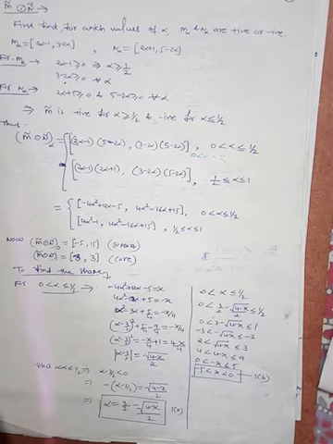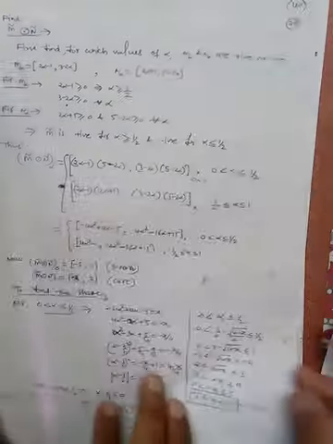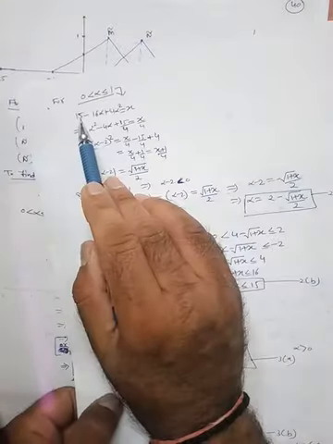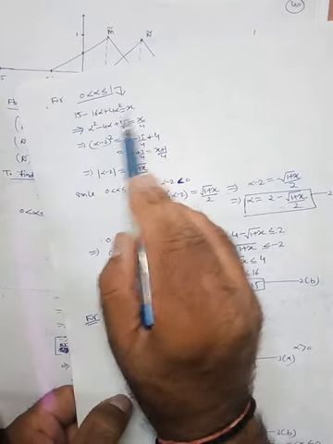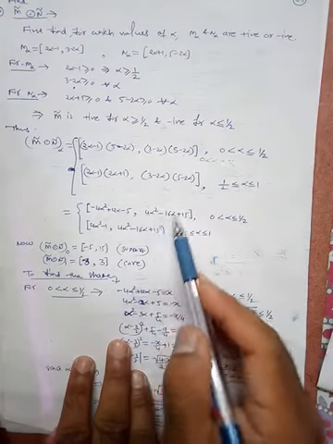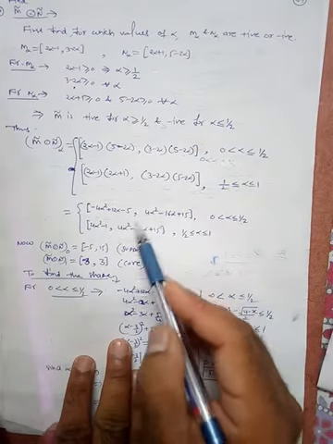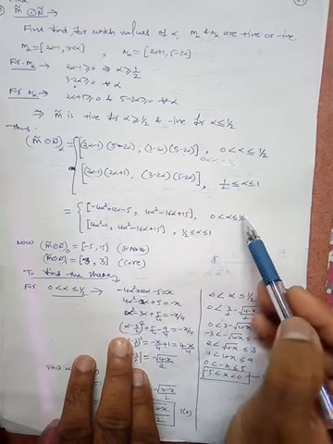Okay. Now the next part is this. Now we are considering 15 minus 16 alpha plus 4 alpha square is equal to x. That means we are considering this part, and since this part is included in both these ranges, we are combining alpha from 0 to half and half to 1.